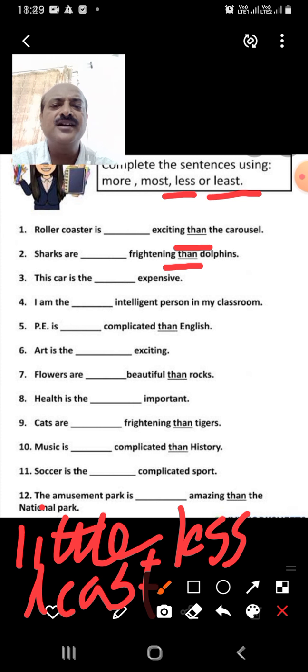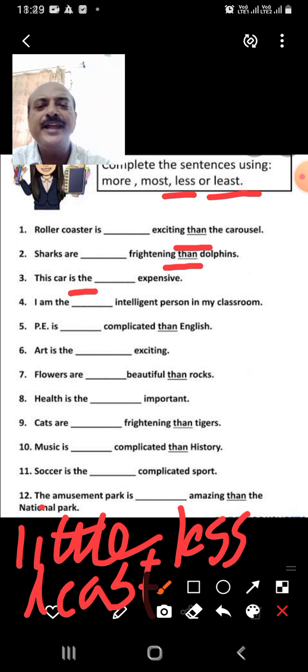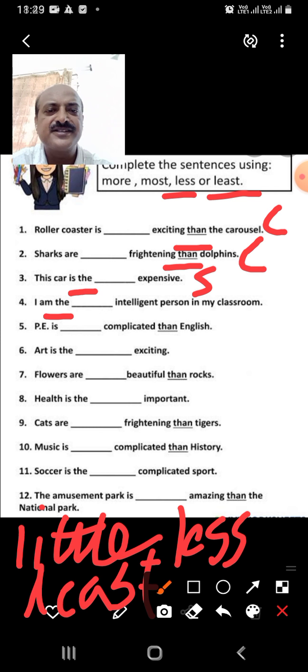This car is the, here you can see. So when the is there, that means we have to use the superlative degree, most or least. This car is the most expensive, or this car is the least expensive. I am the, again the, so this is superlative. This other sentence is comparative because than is there. I am the most intelligent person in my classroom.